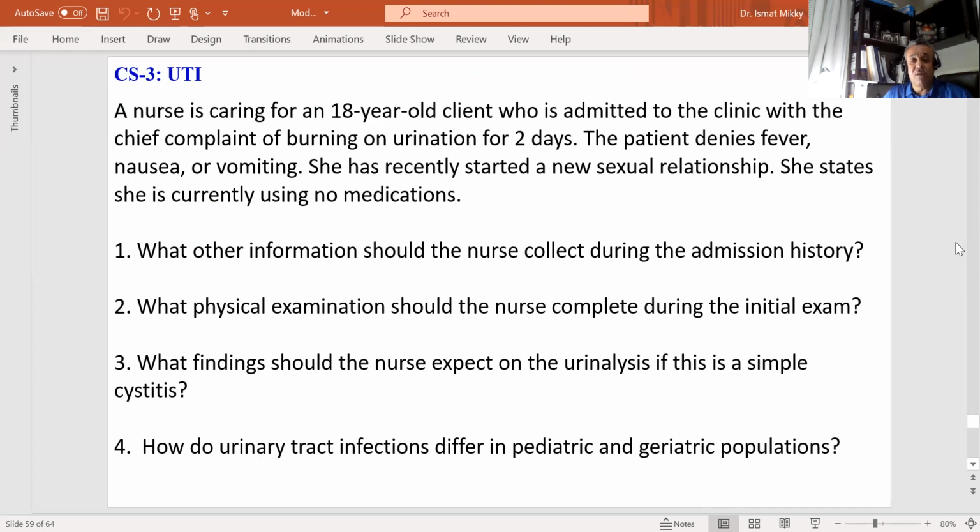These nitrites are formed when the gram-negative bacteria break down in the urine. It can also have what is called leukocyte esterase, which is the enzyme associated with the white blood cells in the urine. So the presence of these two components is indicative of the UTI, which in this case is the simple cystitis.